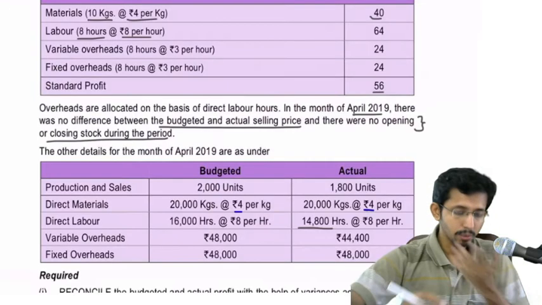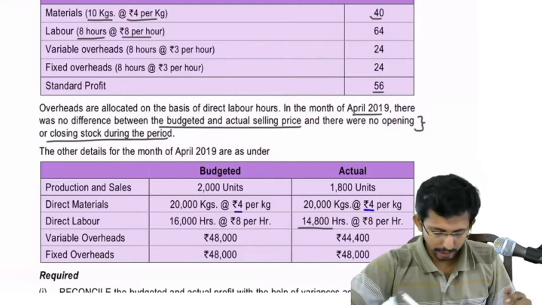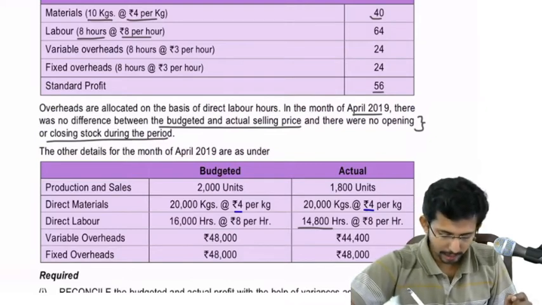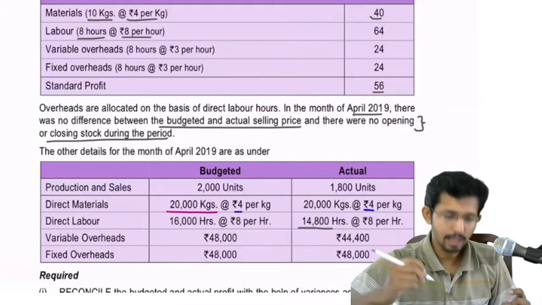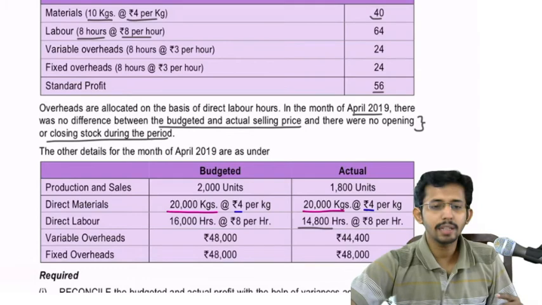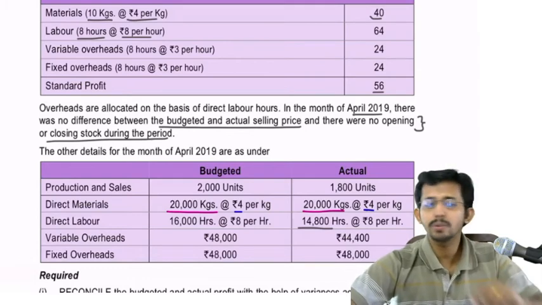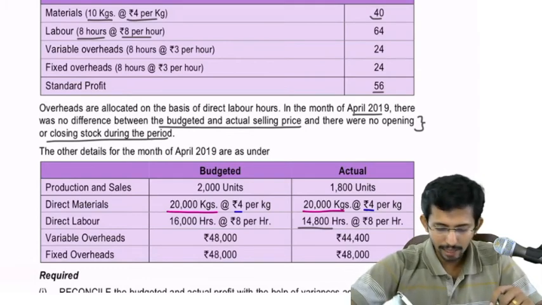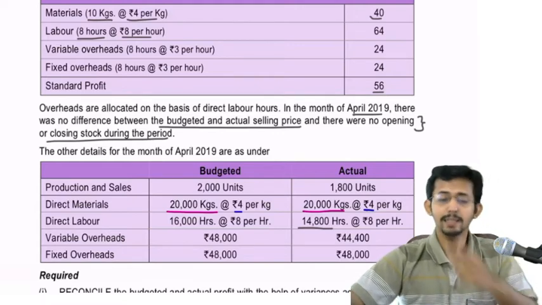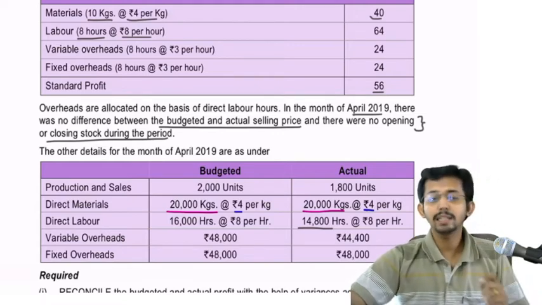Do you have material usage variance? Yes, the usage is different. Why you say that usage is different? If you see the budgeted information, what was the budgeted amount? It was 20,000 kilo. What was the actual? 20,000 kilo. So can you tell me, is there any usage variance? Both budgeted and actual data, it is 20,000 itself. Is there any budgeted variance? Yes, there is budgeted variance. Why there is budgeted variance?